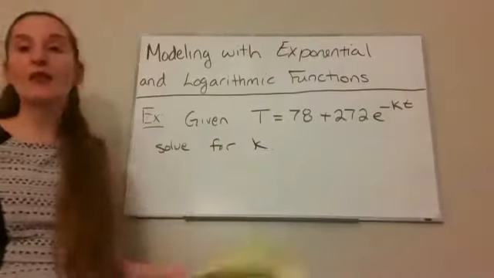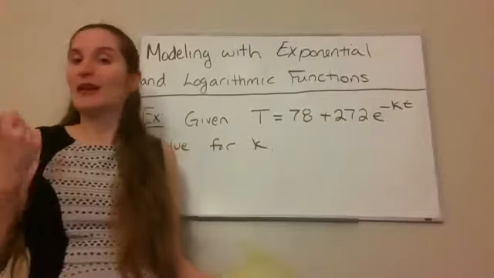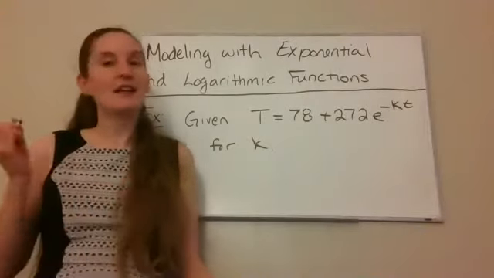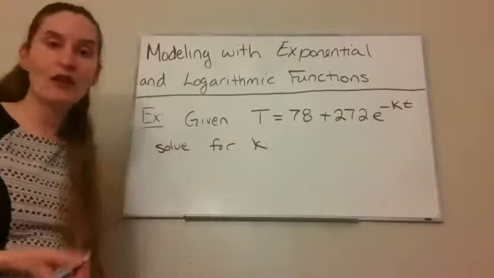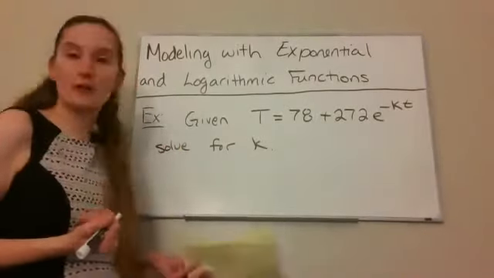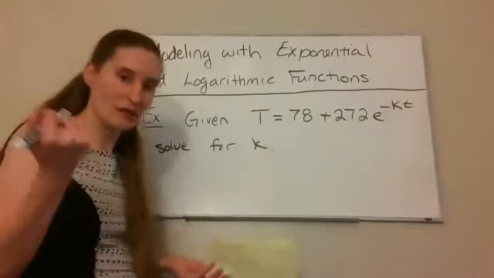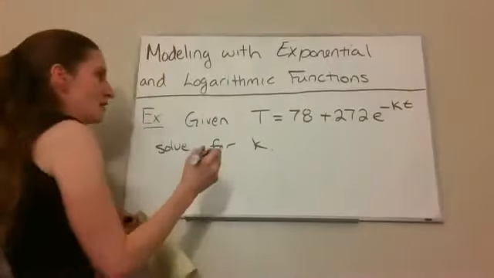So notice we have three different variables in this problem. We have capital T, little t, and k. And my goal is to get k completely by itself. So don't worry about having all those variables. Just treat them like they're numbers, and we'll get to the point that we need to.